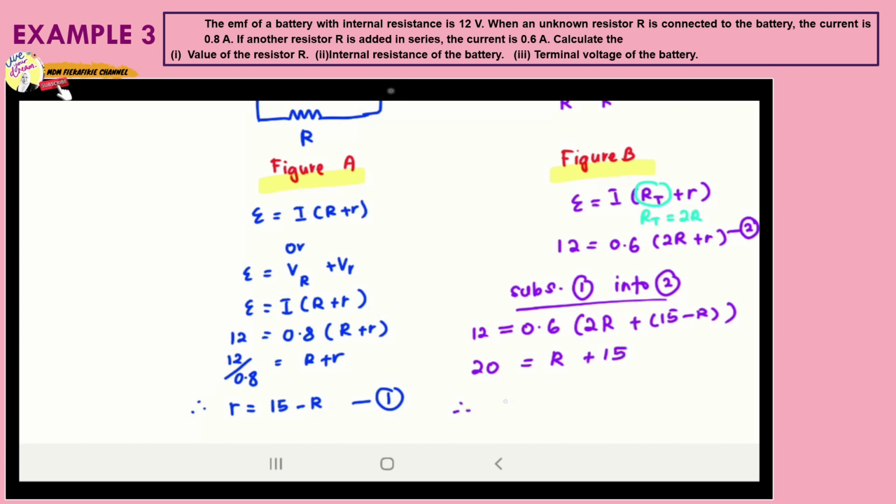Therefore, let's solve for R. The external resistance is equal to 5 ohm. So this is the answer, the value of the resistor R.